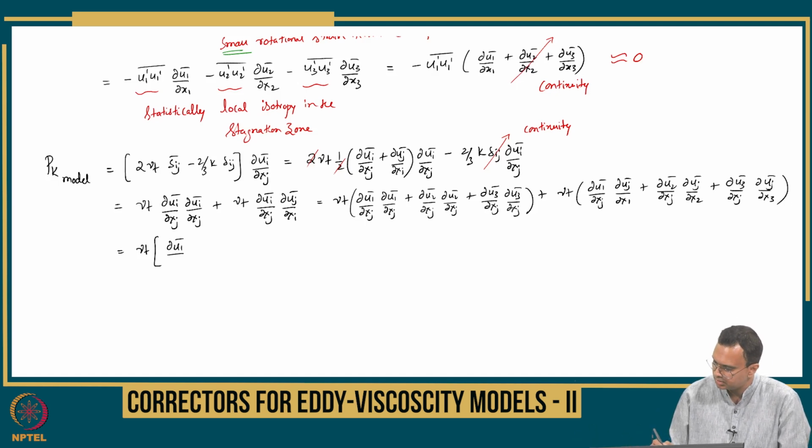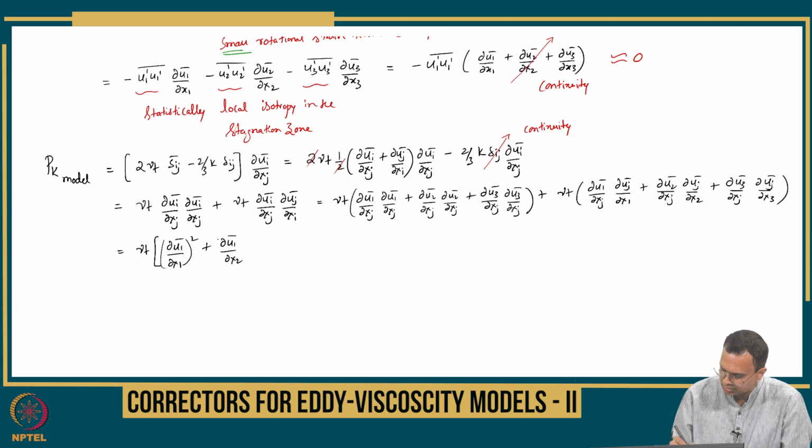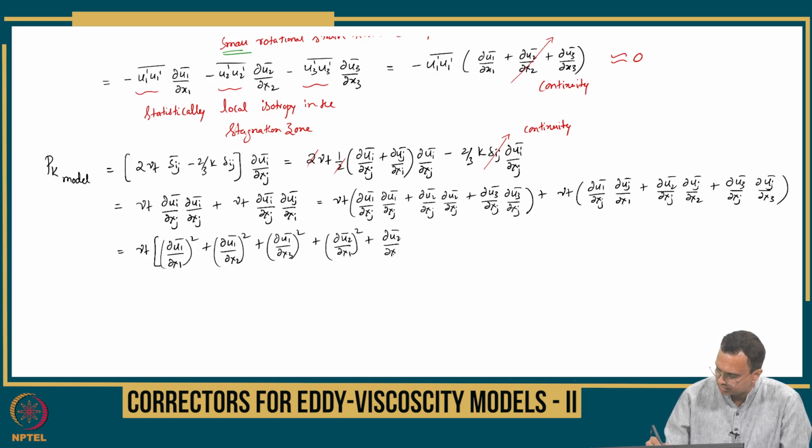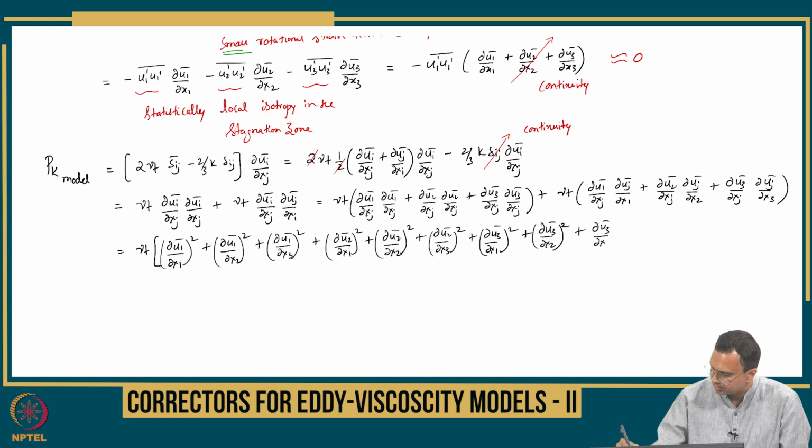If I now sum over j, I would get square of this, right, plus dou u1 bar by dou x2 square plus dou u1 bar by dou x3 square plus dou u2 bar by dou x1 square plus dou u2 bar by dou x2 square plus dou u2 bar by dou x3 square, and then the third term here, which is dou u3 bar by dou x1 plus dou u3 bar by dou x2 plus dou u3 bar by dou x3.